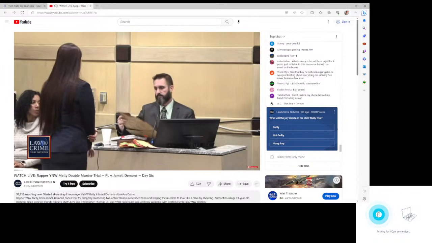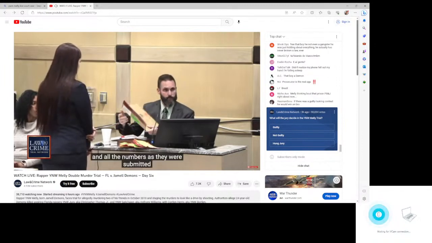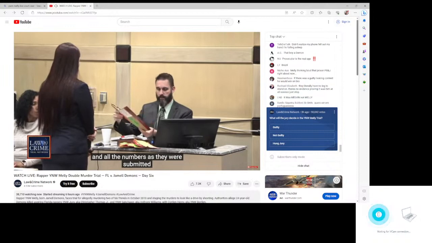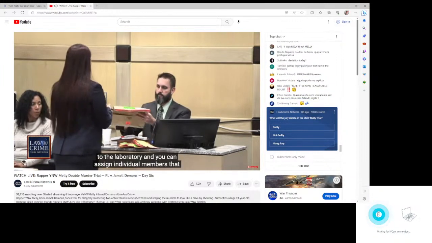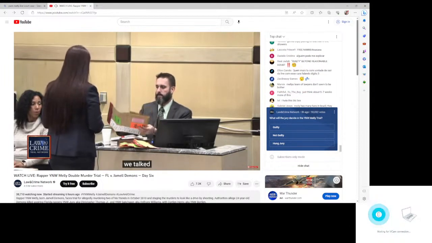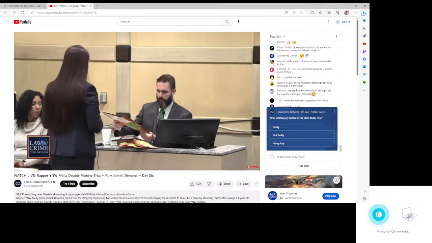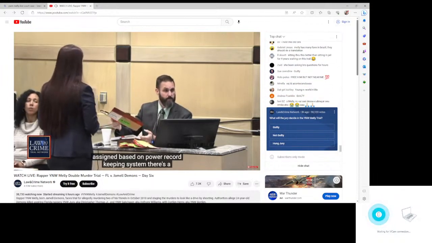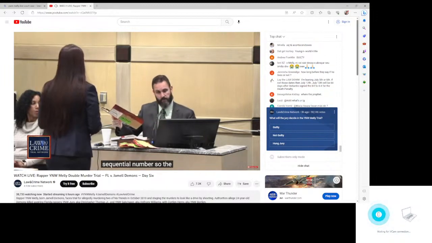And how do you recognize that? On the back, it has my laboratory number, my initials, and all the item numbers as they were submitted to the laboratory. And do you then assign the individual numbers that we talked about? Yes, the numbers are assigned based off of our record-keeping system. They're a sequential number, so the first item gets number 1, and then sequentially down the line.